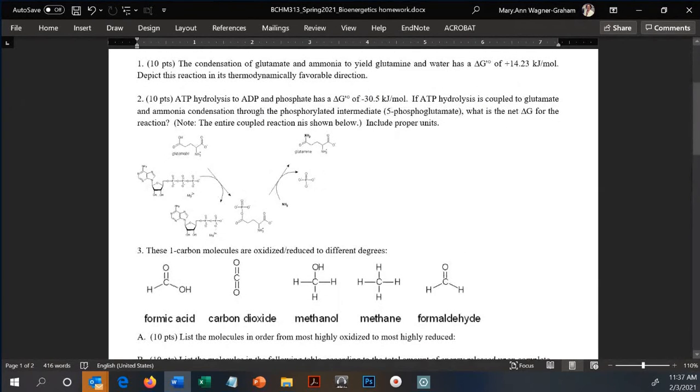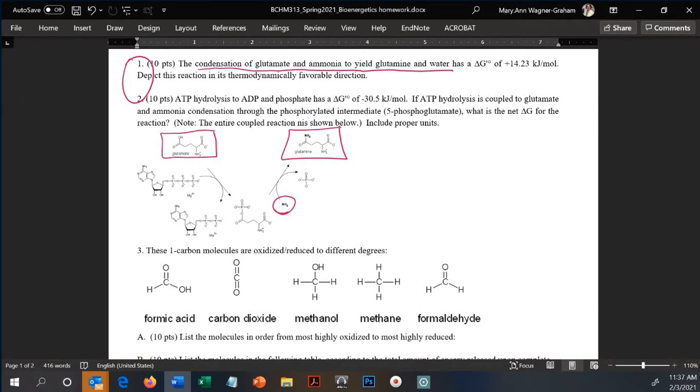For questions 1 and 2, we're looking at this condensation of glutamate and ammonia to yield glutamine and water. So here you can see there's your glutamate. Where has the ammonia gone? Here's the ammonia, and we get glutamine, right?